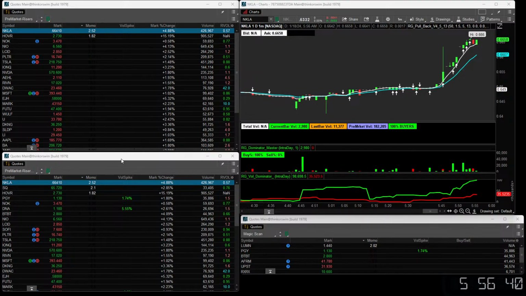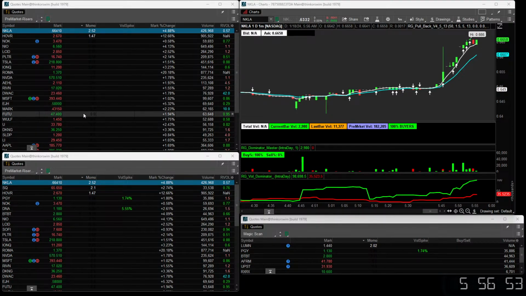Does kind of seem obvious, though. I had 8 or 10 stocks listed up here in Momo, and now they've just disappeared 5 minutes prior to our market opening.